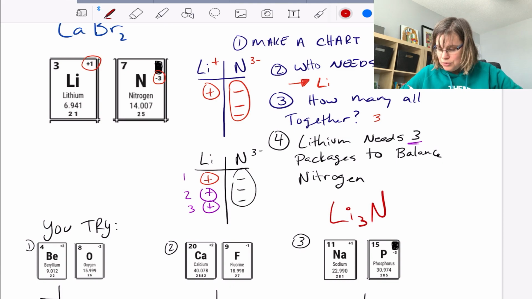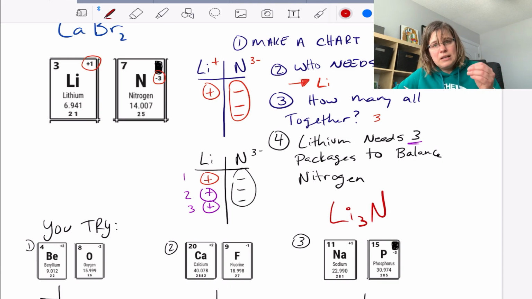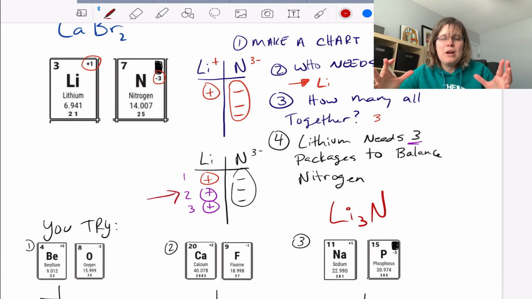So Li3N, because lithium needed 3 packages of bubblegum right here to balance off nitrogen's 3. Nitrogen doesn't need a number because nitrogen already had 3 bubblegums in their package. So this is lithium nitride. And so this is the formula, Li3N, for that nice substance.